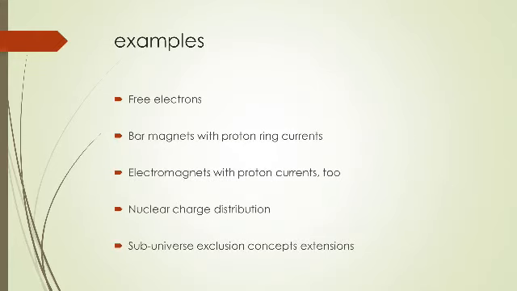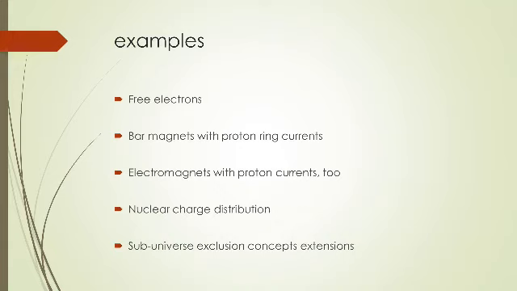So other examples beyond radio of the Lenz-Pauli exclusion ideas are the free electrons, in which they're only free in one dimension, really, that they're still paired with protons always. Bar magnets, I showed you the proton ring current, how in iron it's going around, and that is the paragon of magnetic circuits.